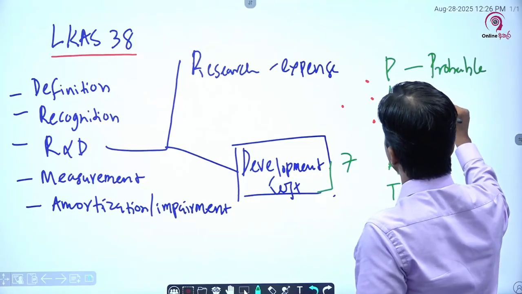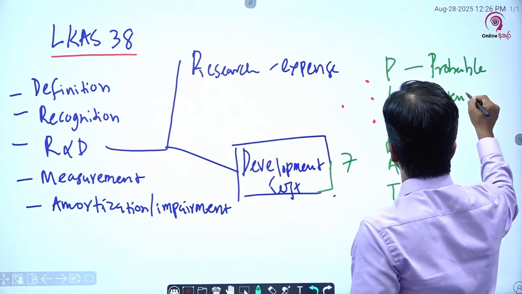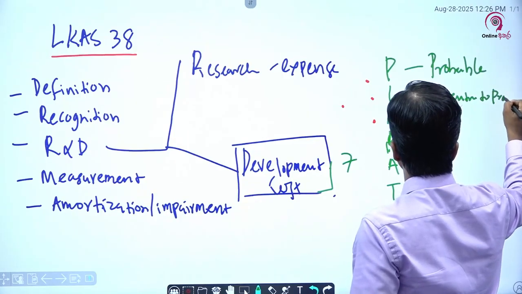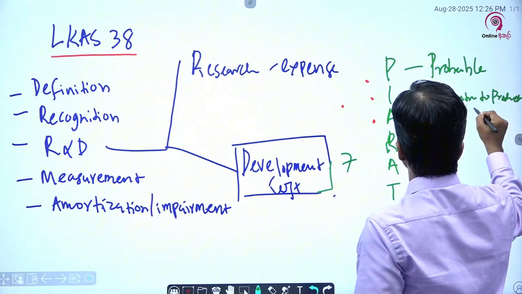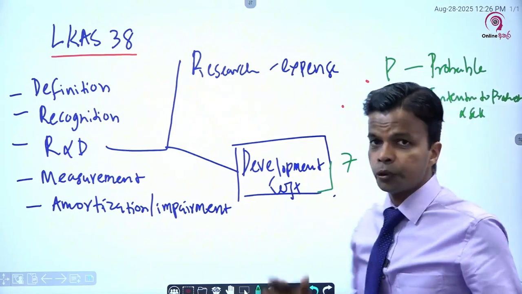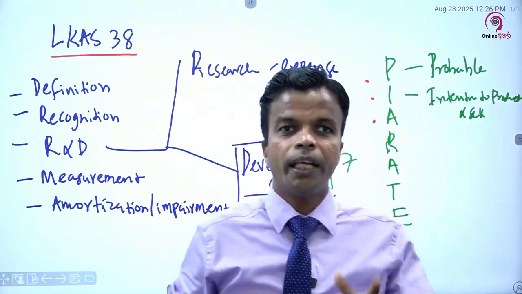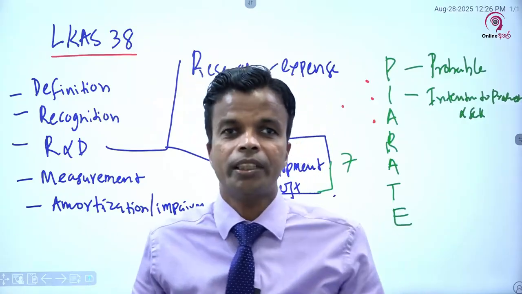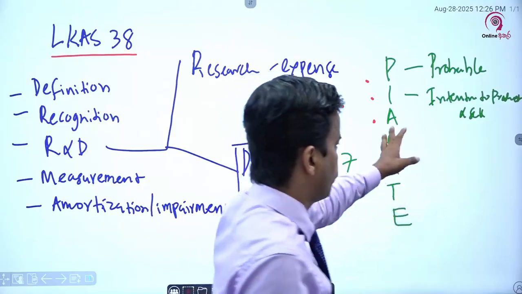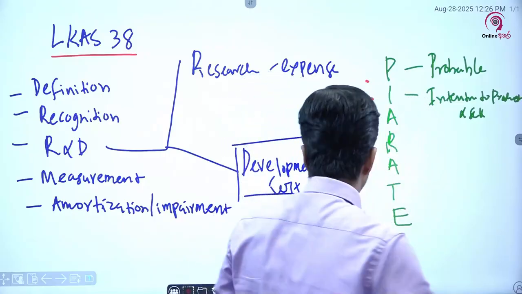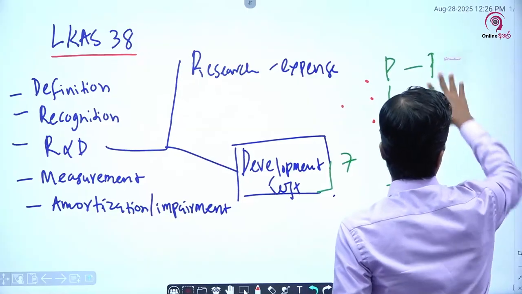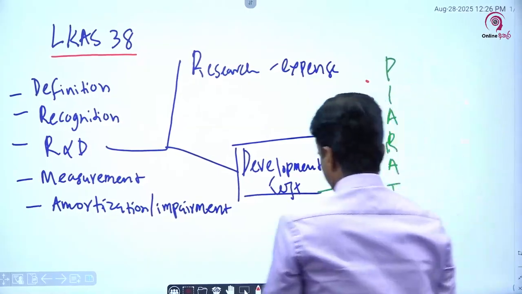Then I is intention to complete and sell. Now you start your development, but there must be an intention to complete the production and sell it. Otherwise, no point, right?